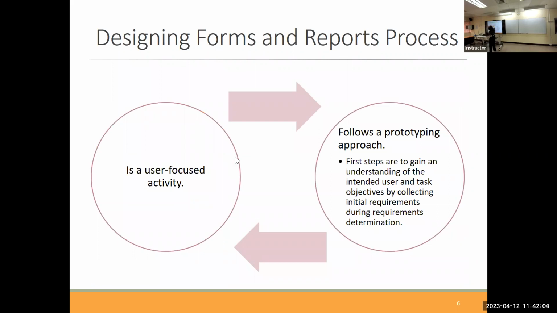When we talk about forms and reports, forms are for input, reports are for output, right? So it should be a user-focused activity because these things are for users. Who are the users who input the form? You need to work with them and make the form design friendly to them.